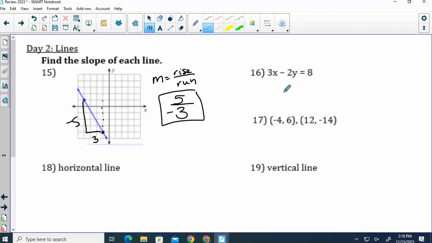All right, if you have an equation in standard form, how do we get the slope from that? If we subtract the 3x, divide by negative 2.